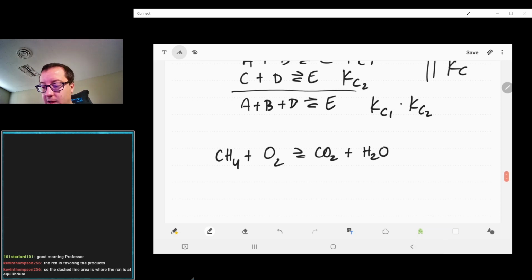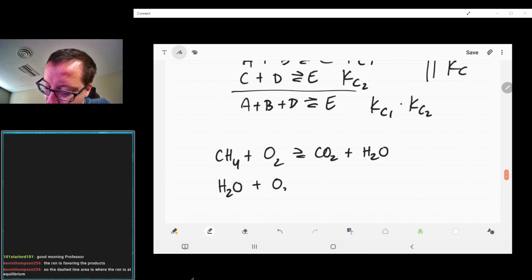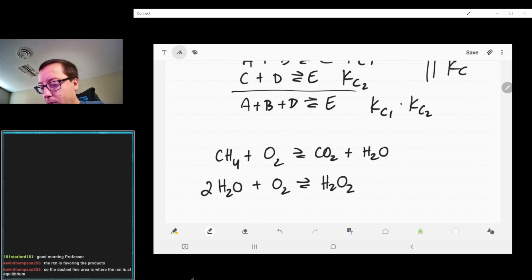And we're going to say, let's take that water and somehow oxidize it some more. Two of those, I guess.